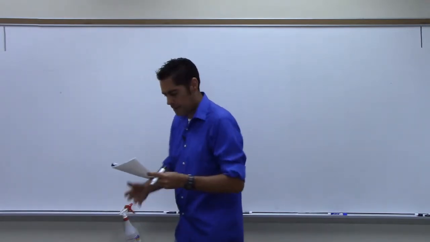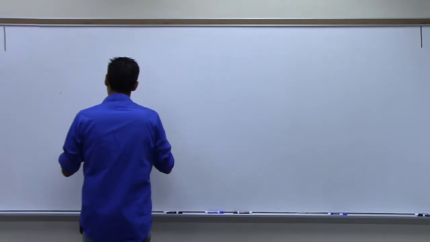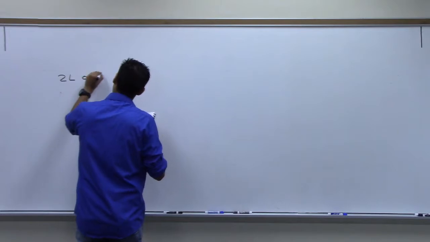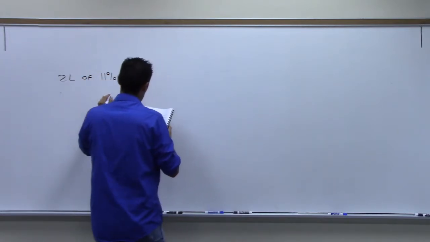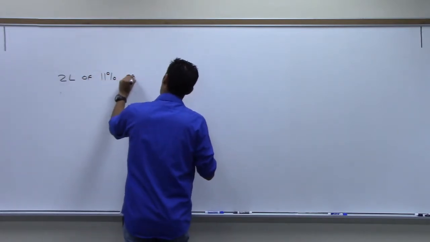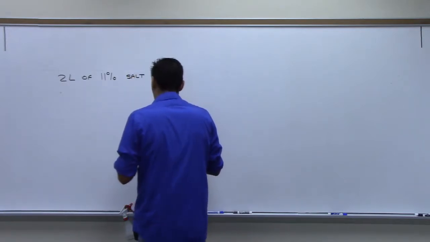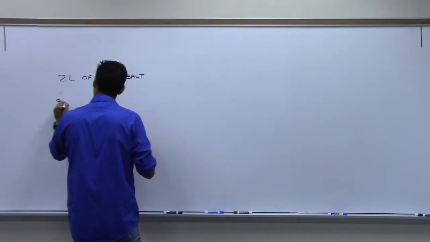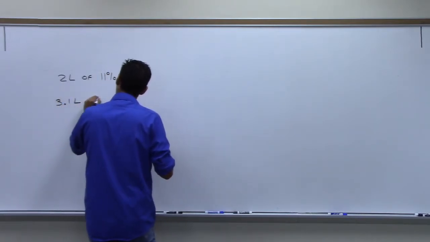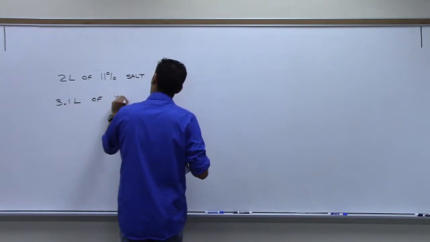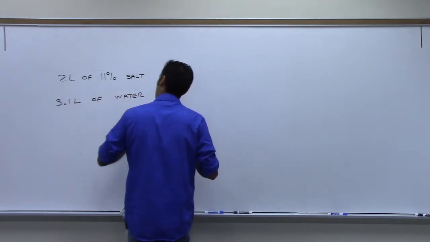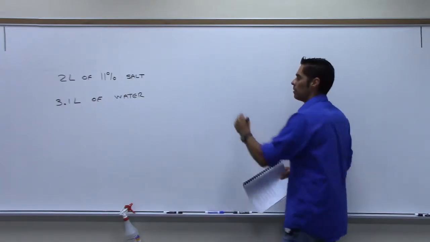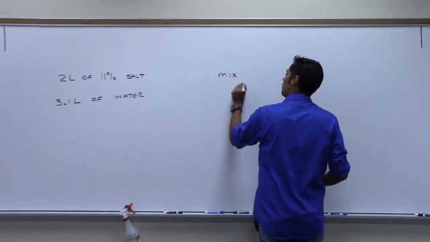You have a mixture that is 2 liters of 11% saline, which is salt, and 3.1 liters of water. Mix them together, okay? Mix them.